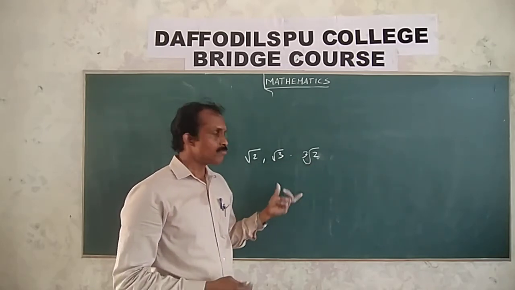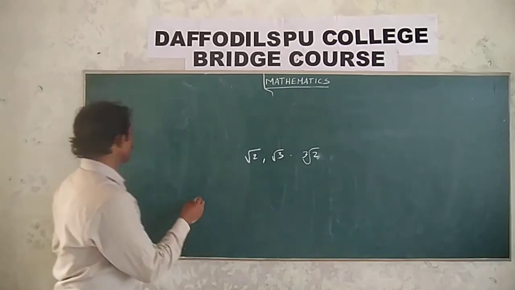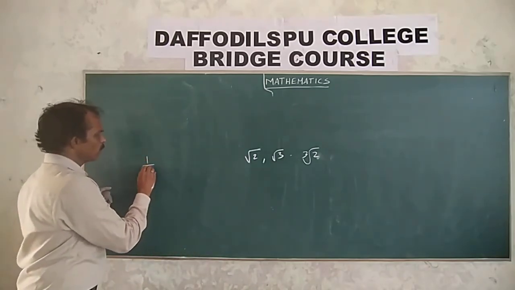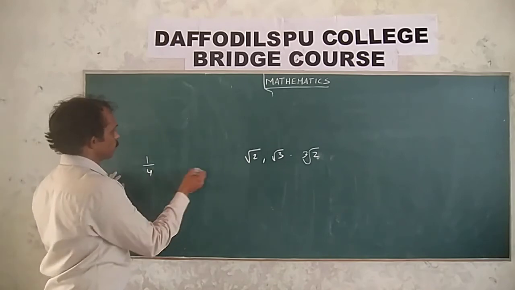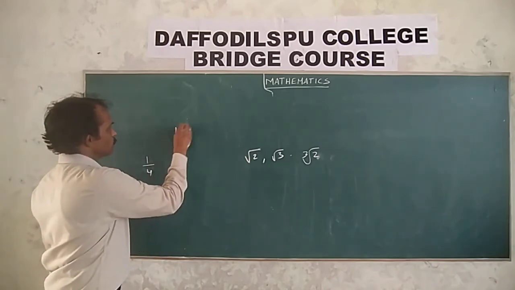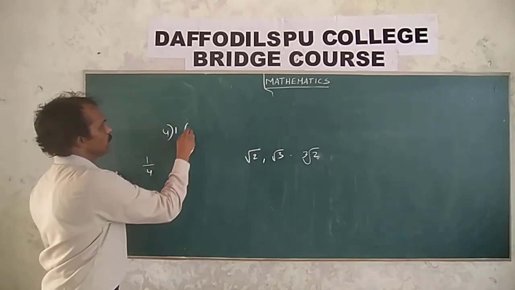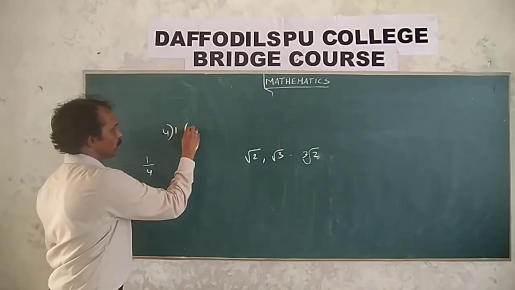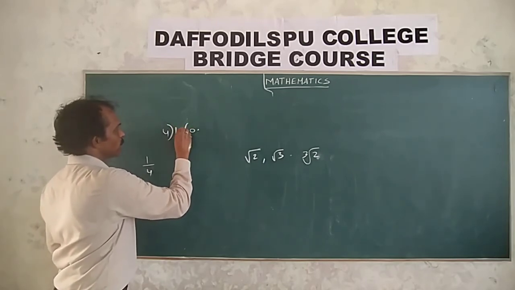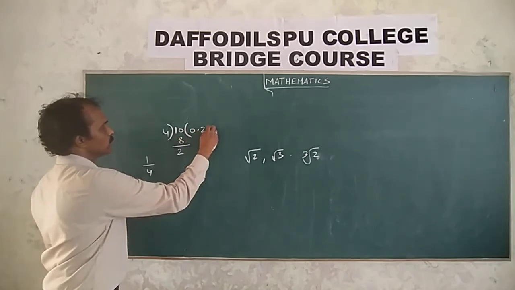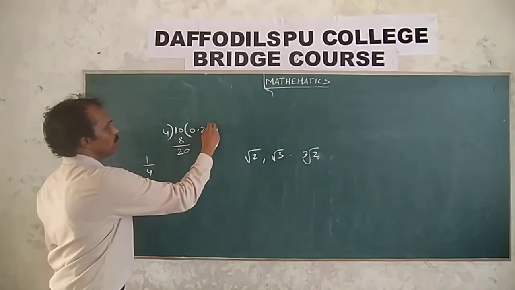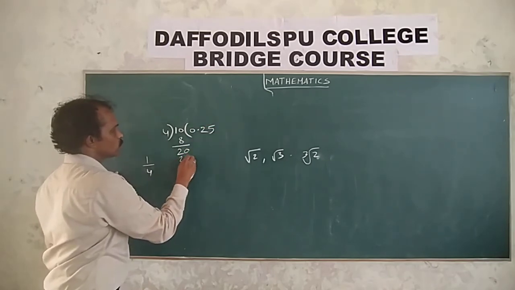are called irrational numbers. For example, suppose we take 1 by 4. What is 1 by 4? If we divide 1 by 4, it is not possible directly, so take 0.0, 4 twos are 8 and 2 remains, so put 0, 4 fives are 20.